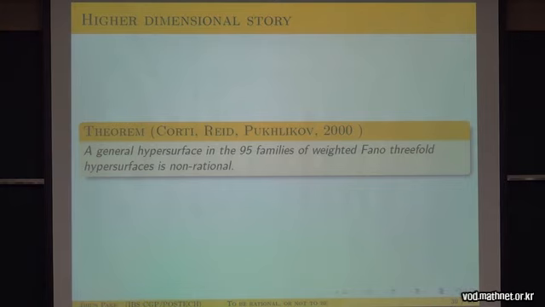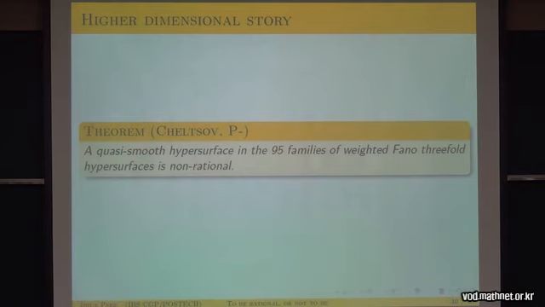That was 15 years ago. And recently, Cheltsov and I proved that every quasi-smooth one, which is almost the same as smooth, so every smooth hypersurface in these 95 families, is non-rational. The method is actually the same as the Iskovskikh-Manin proof, the maximal singularity method, but you need some other high techniques to follow this method.